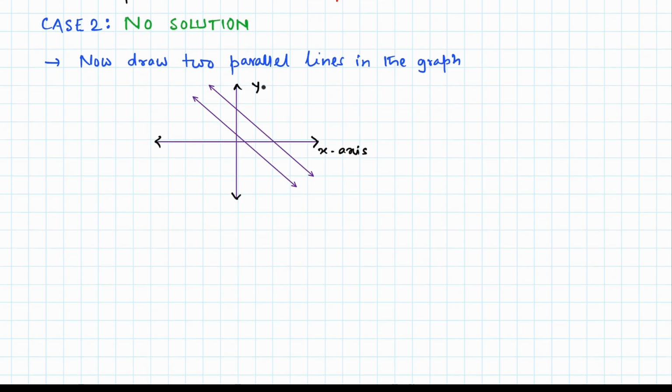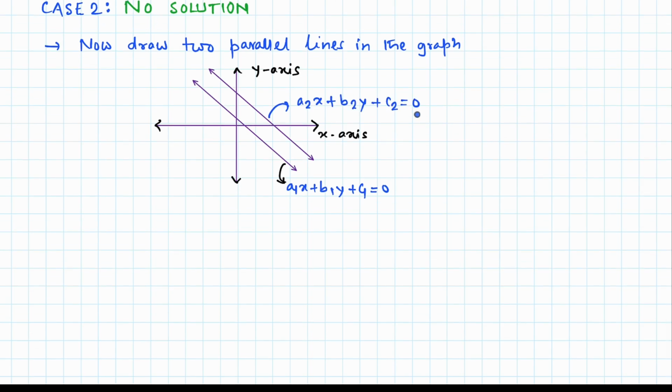and we can represent these two lines with the general equations a1x plus b1y plus c1 equal to 0 and a2x plus b2y plus c2 equal to 0. Now what can we conclude from this graph? We can notice that they never meet with each other.